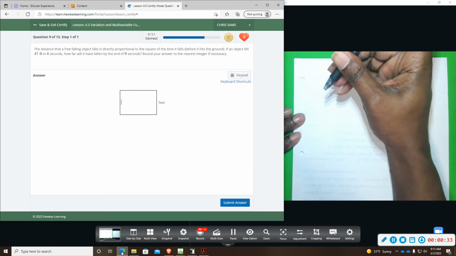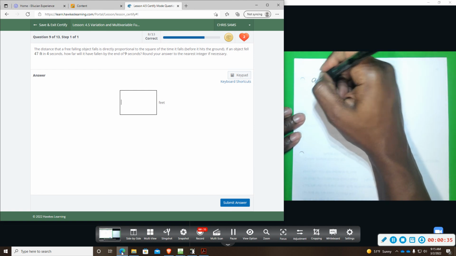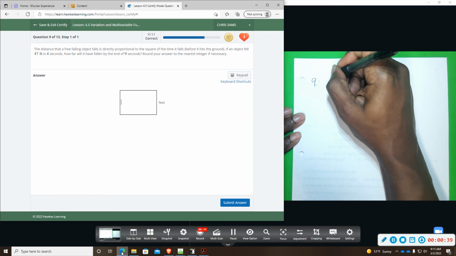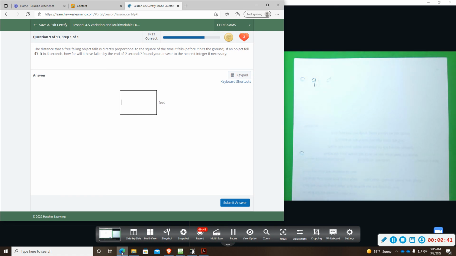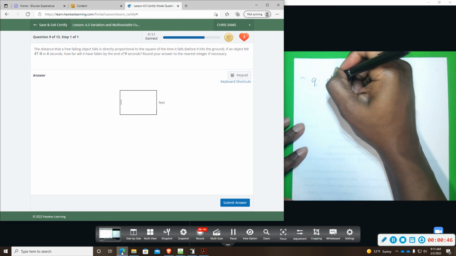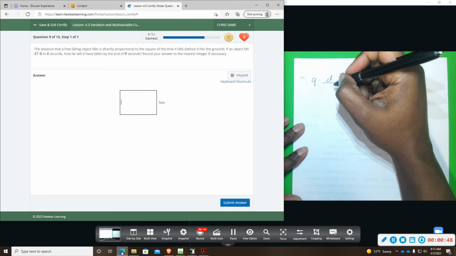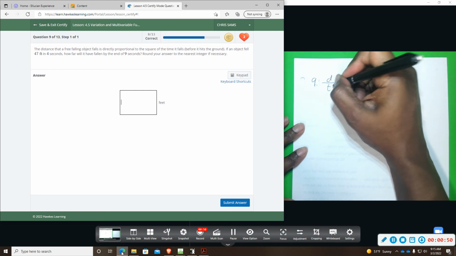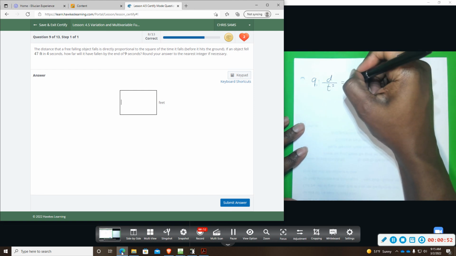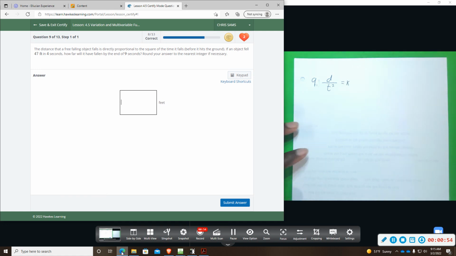So what I'm going to write for number 9 is D, and this pen is fading. So D divided by T squared, the time it falls, is equal to K, directly proportional.